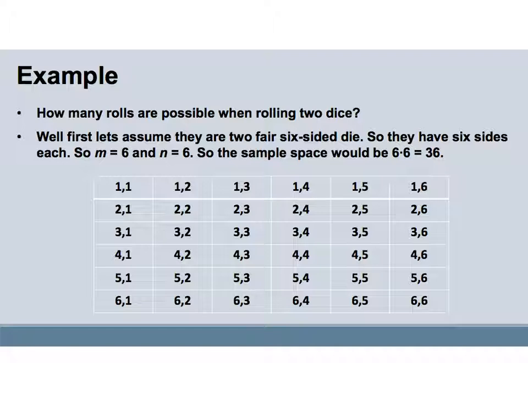If we roll 2 of them, and each one has 6 sides, there's 6 different things that could happen on each. If you do 6 times 6, you get 36. And here's all the possible 36 ways that it can happen. You could make that table every time, but it's a whole lot easier just to say 6 times 6 is 36.